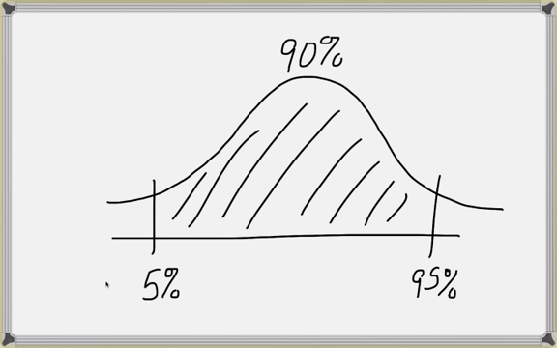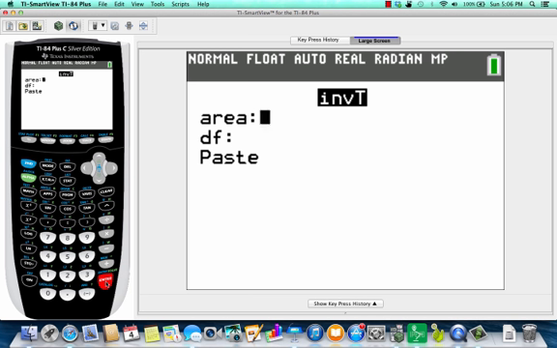to 95%. So if we want to know what the critical value is, and this would represent our critical value, we need to use the area under that. So we're going to use 0.95 as our area. So back to our calculator, we're going to do 0.95.